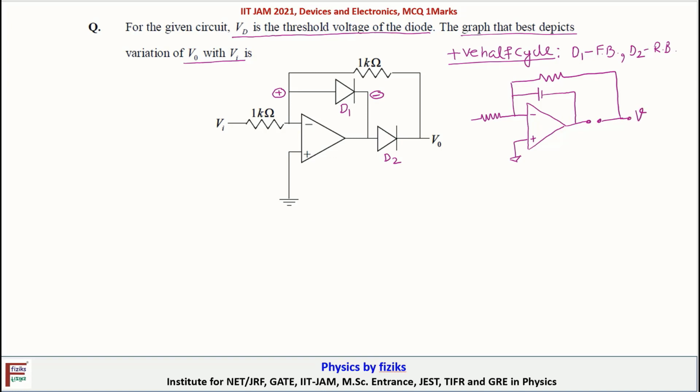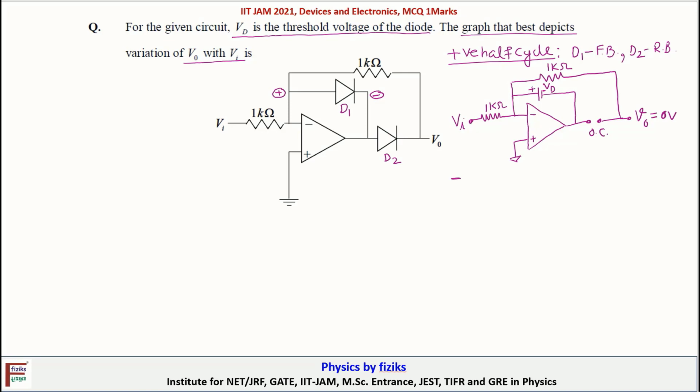This voltage is VO, this is 1 kilo ohm, this is also 1 kilo ohm, and this Vi is positive. And this drop is Vd, with polarity plus minus. So what will be the output voltage when this is open circuited? Now you can see the output will be 0 volt. So that is the condition when Vi is positive.